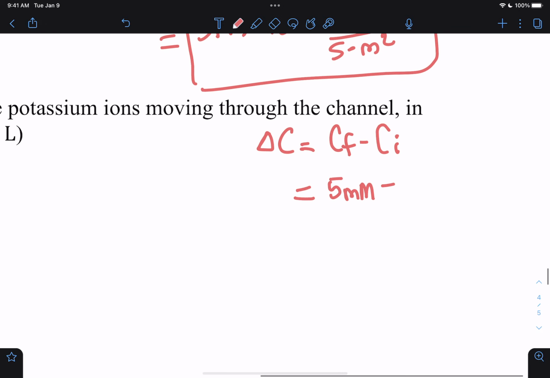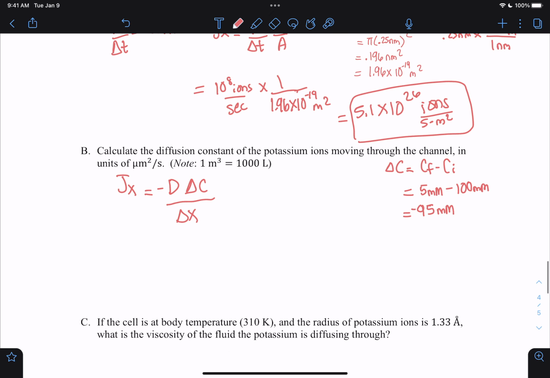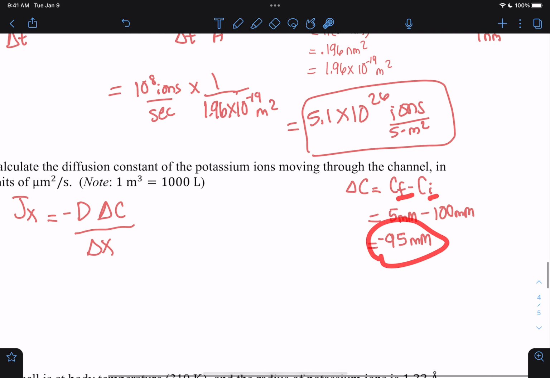And we were initially on the inside, and the initial was 100 millimolars. So our change is going to be negative 95 millimolars there. That's our delta C, because you can think about final position, initial position.